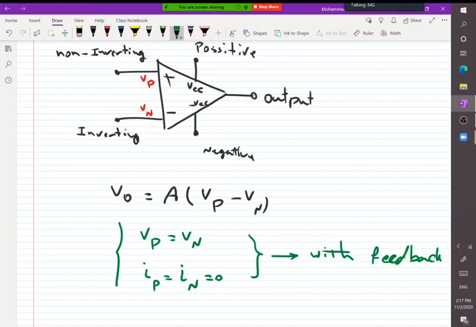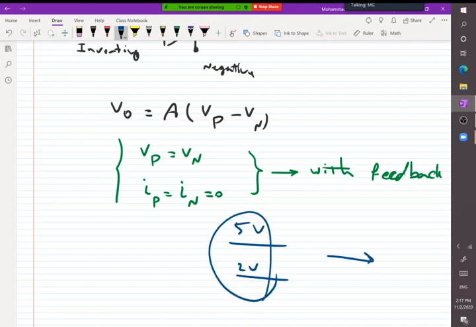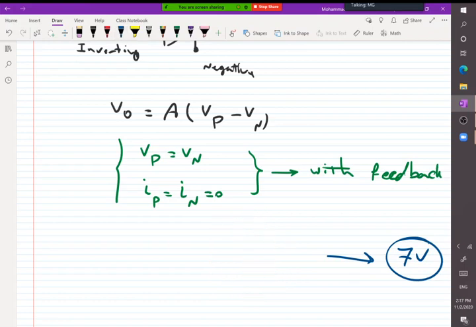Summing amplifier, which we can call adder, and differential amplifier, which can also be called subtractor. So using an adder, we can add two signals. If we have a 5-volt signal and a 2-volt signal, we want to add them and have a 7-volt signal in the output. So we can use this circuit to add those two signals together.